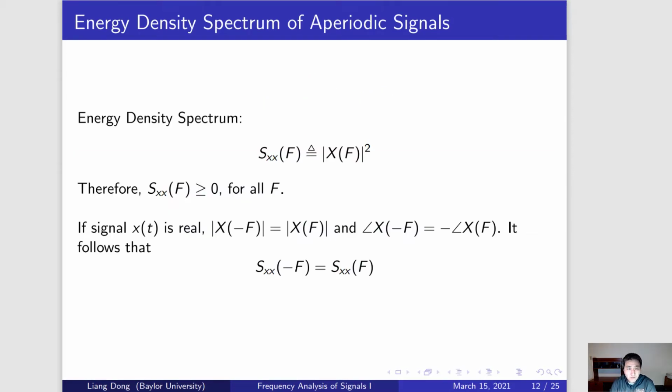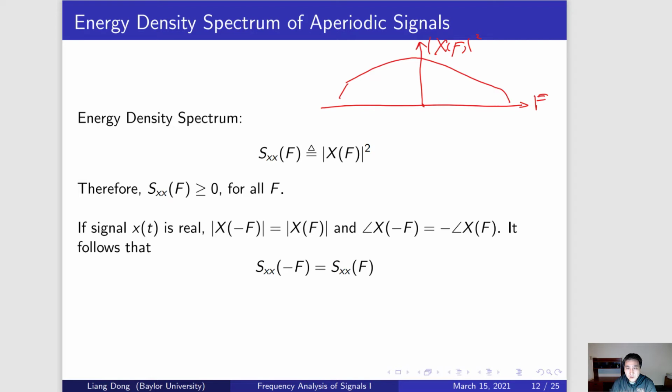Now we know for an aperiodic signal, |X(f)|² can also represent its spectrum. That's the density spectrum. So we have all these frequencies here, which are continuous. And then I have these |X(f)|² values, which are non-negative numbers.